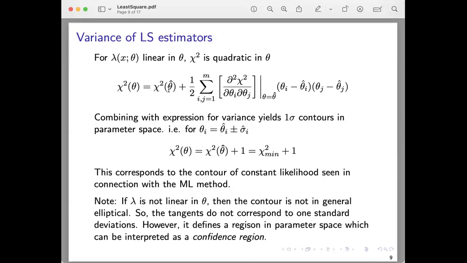If you change theta by the square root of the variance sigma I, you will get chi-square at theta equal to chi-square at theta hat, that is chi-square minimum, plus 1.